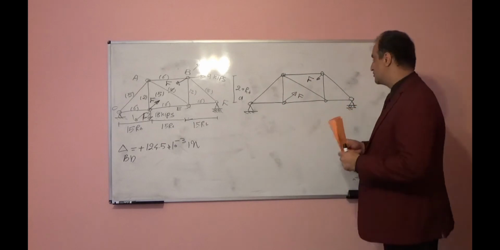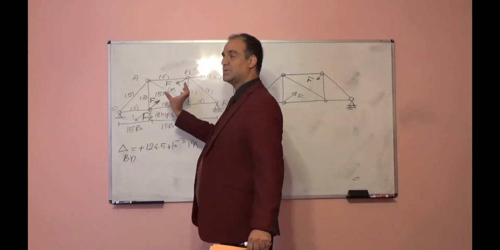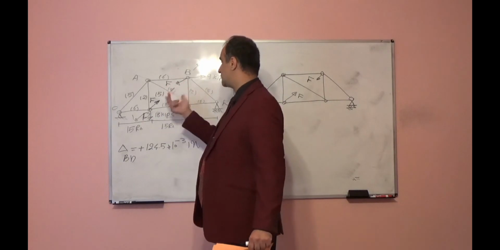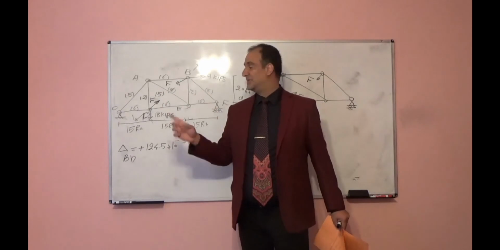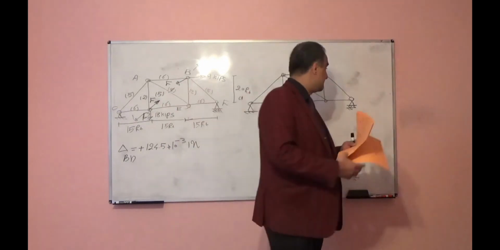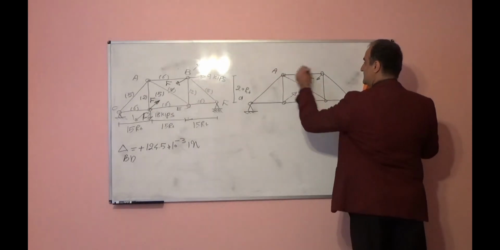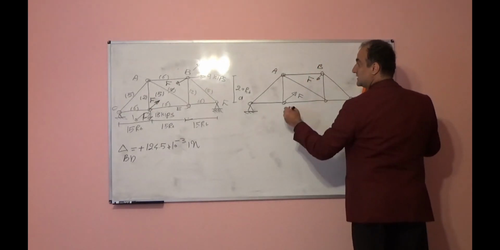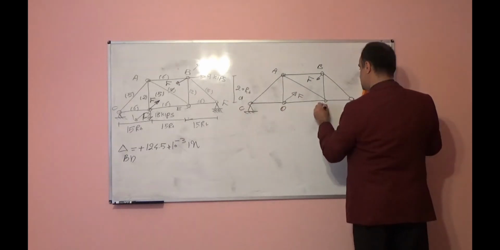So you will assume you have this truss, and instead of this member you will apply the internal force for that member. The internal force for that member is unknown, we will assume it is F. If we apply F and F here, we can calculate again the relative displacement of C, D, E, F.